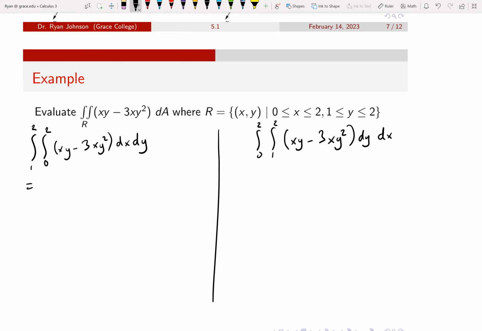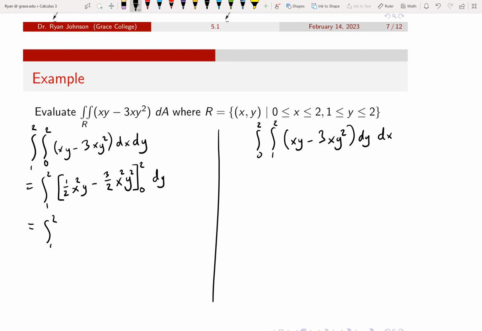So in this situation, I'm going to do the inside integral first. Integrating with respect to x, I get 1/2 x squared y minus 3/2 x squared y squared from 0 to 2.